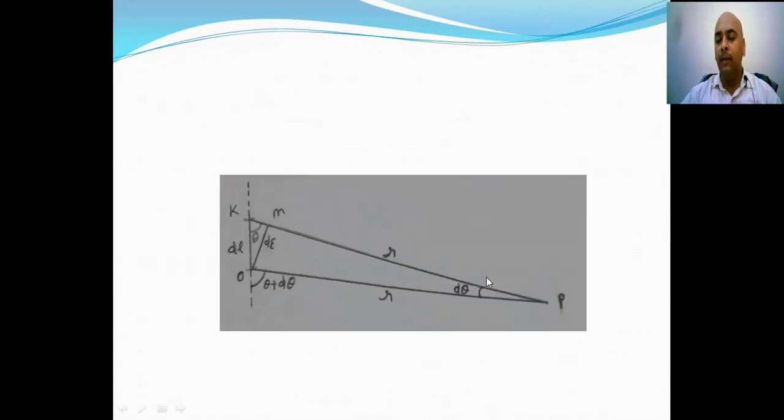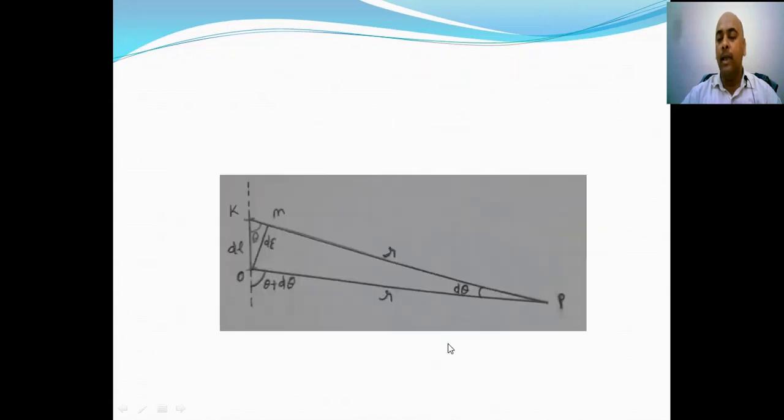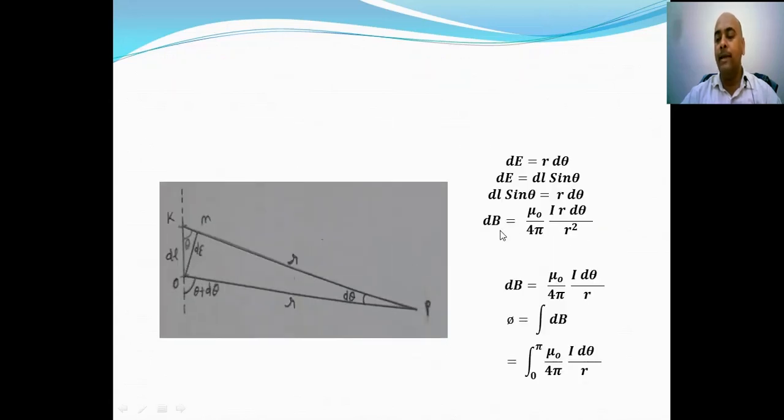So the magnetic field as per the Biot-Savart law, which was mu naught upon 4 pi I dl sin theta upon r square, can now be represented as mu naught upon 4 pi I r d theta by r square, or we obtain that dB is mu naught upon 4 pi I d theta upon r.